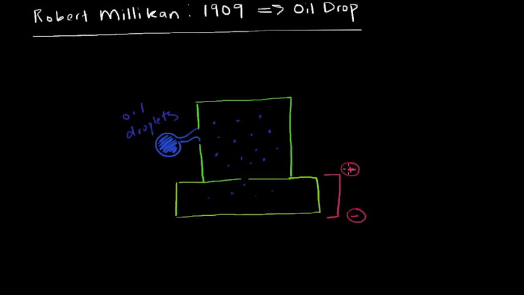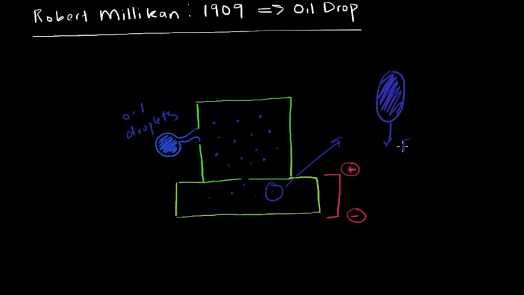Millikan applied an electric charge, or electric current, producing an electric field across this box such that the top was positive and the bottom was negative. Now remember that these oil droplets are negatively charged, so they're actually going to be pulled towards the positive plate. And because the force of gravity was pulling down, maybe if you've taken physics, you can analyze it like this. You've got your droplet here, negatively charged in blue.